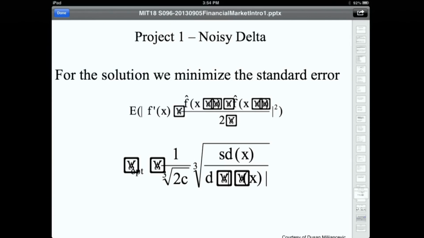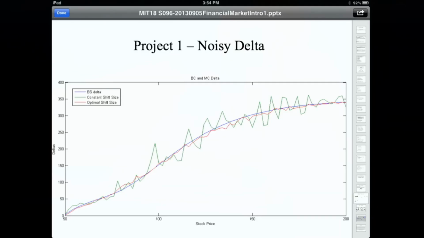And that's what the slides got corrupted. So there was quite a bit of mathematics involved, and minimization and optimization. There was an answer, and that's actually what we finally arrived at. That's a toy example, but still it shows you that if you use a constant size and not the optimal size, that would be your numerical derivative of this blue function.